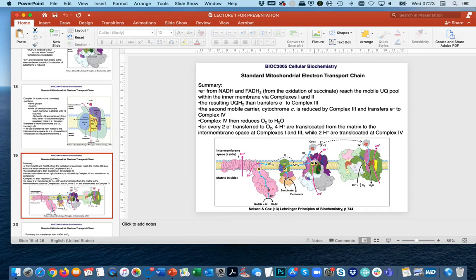Looking at the proton movement, for every 2 electrons transferred to oxygen from NADH, 4 protons are moved at complex 1, and also at complex 3, and then 2 protons are moved across the inner mitochondrial membrane at complex 4.